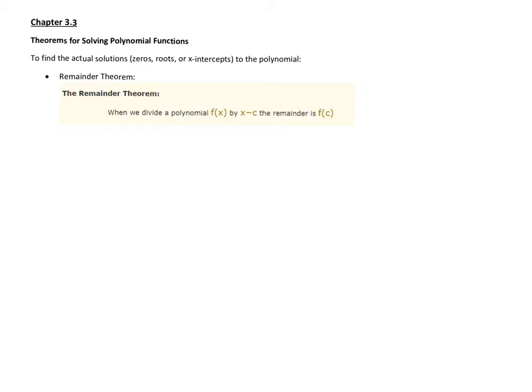The remainder theorem basically says that when I divide a polynomial by any linear factor, the remainder is the same thing as if I were to evaluate.